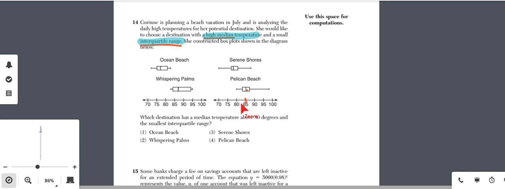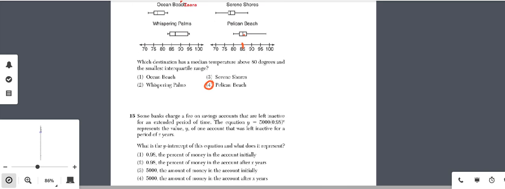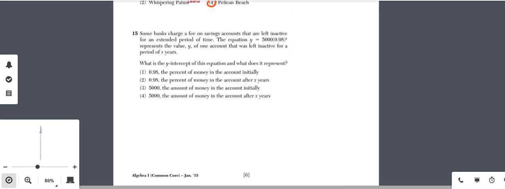Clear? So I think she will go with this one, because the median is also high and the interquartile range is low, right? Okay, next.